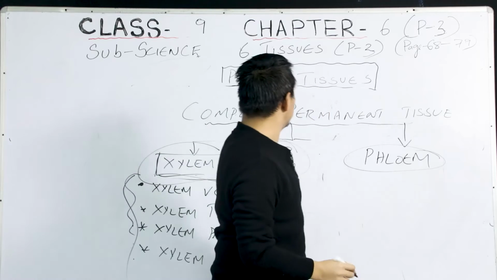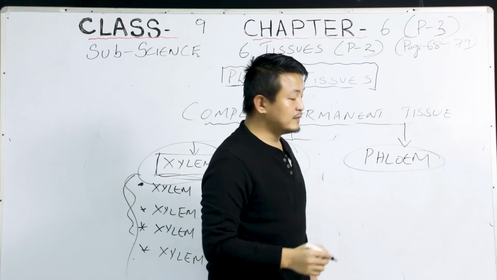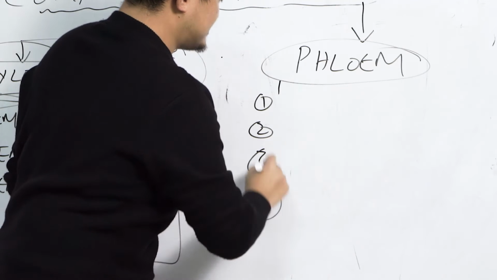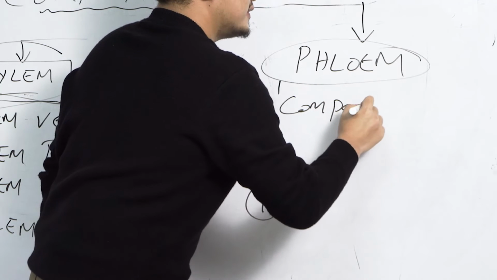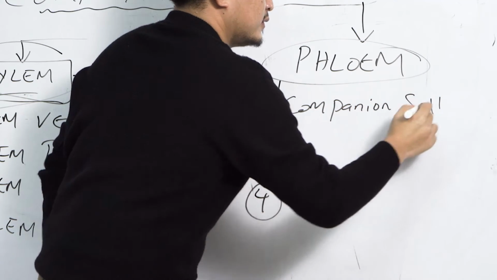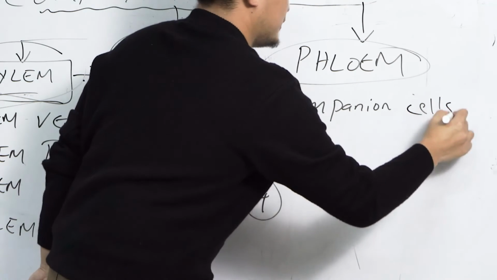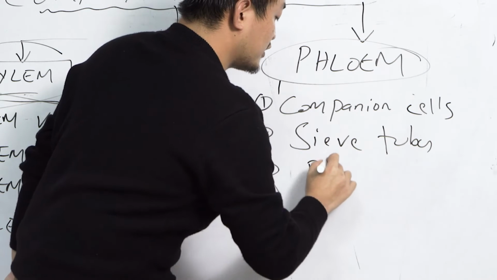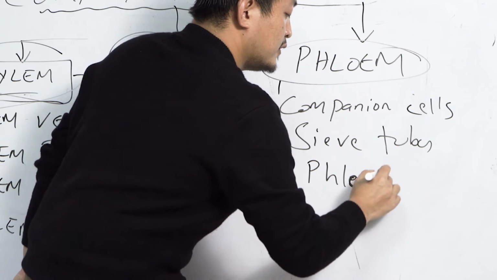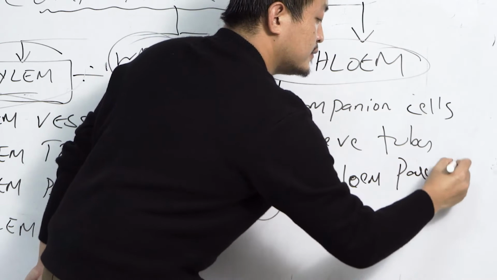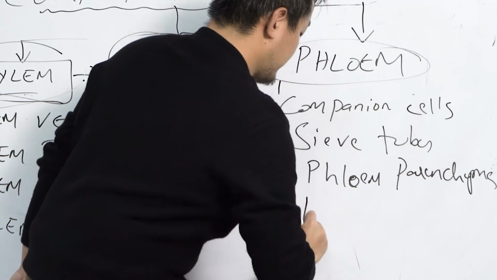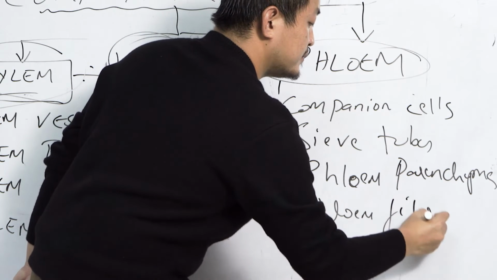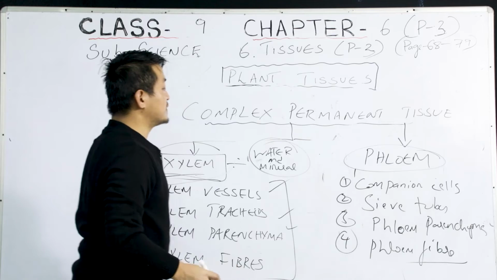Now this is also the second type of the complex permanent tissue, and this consists of four parts: companion cells, sieve tubes, phloem parenchyma, and phloem fiber.